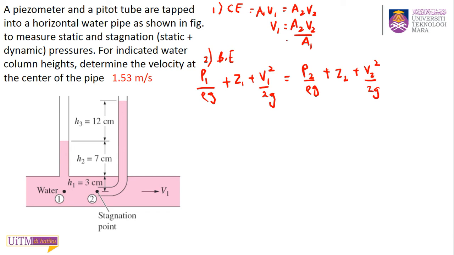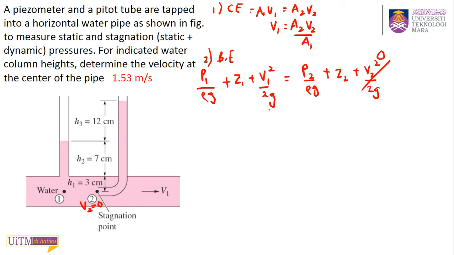Okay, because V2 is 0 kat sini, V2 is 0, and you need to remember this, and you need to know this. At any stagnation point the V2 is 0. If you don't know this, you will have a problem lah because you have more unknown parameters. That's why you need to understand that.